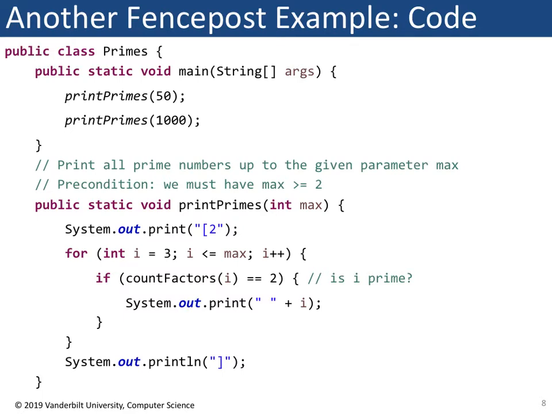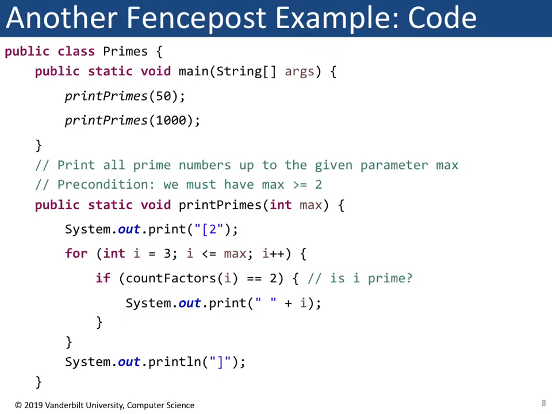So it makes much more sense to place one bracket at the beginning and one bracket at the end outside of the loop. Then the fencepost solution is simply printing the first number before we begin to loop through all the other numbers and print out spaces followed by the number if it is prime.